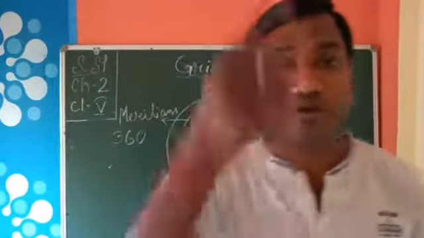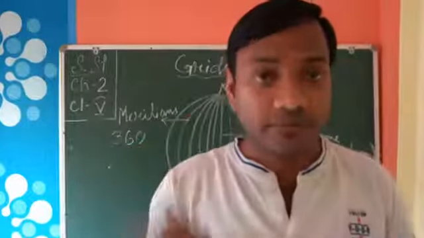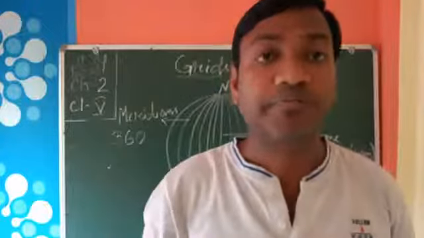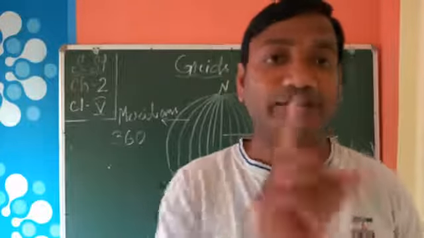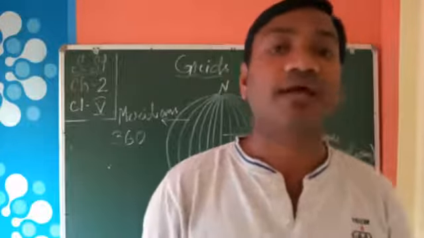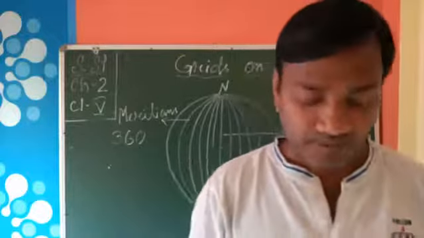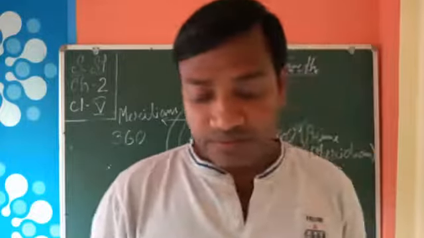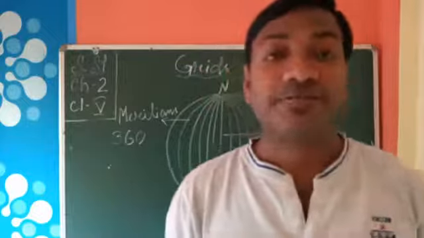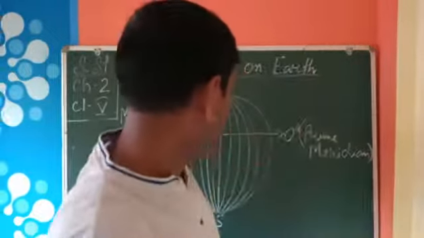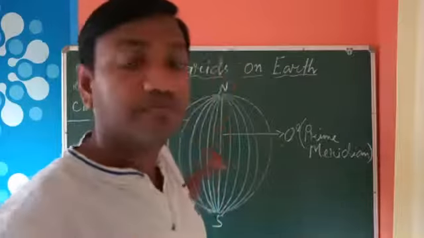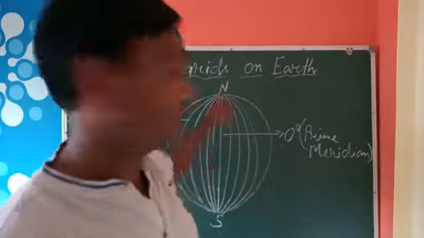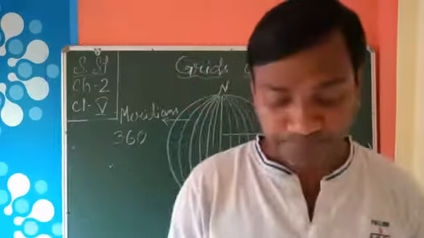So these are not complete circles. When we join two meridians, then it makes one circle. Otherwise, it is a half circle. So their length is the same; from here to here, the length of all the meridians is the same.